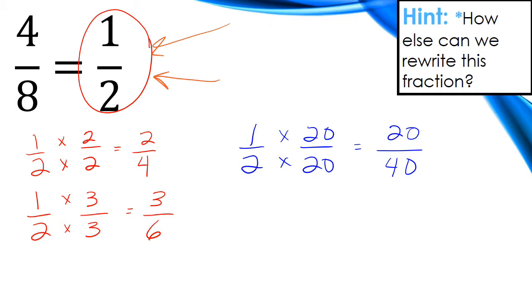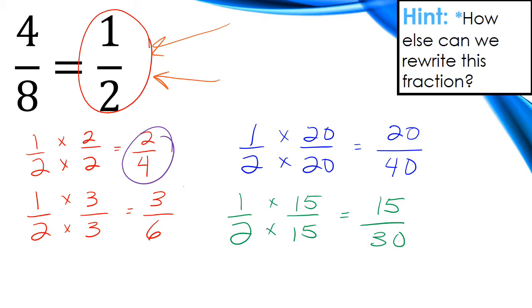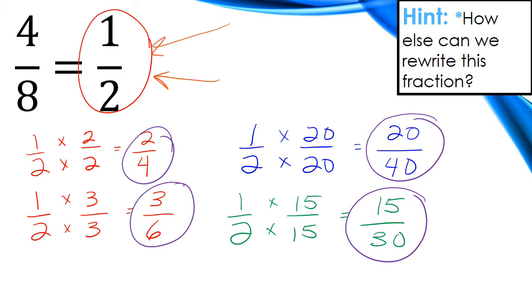So you could try any number that you want. 1/2, and we can multiply by 15. So if we do 1 times 15, that equals 15. And 2 times 15 is 30. So all we're doing here is we're creating equivalent fractions for our fraction 1/2.